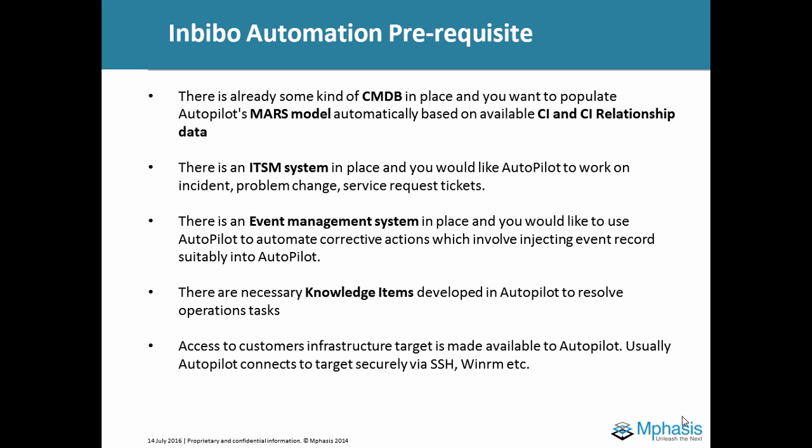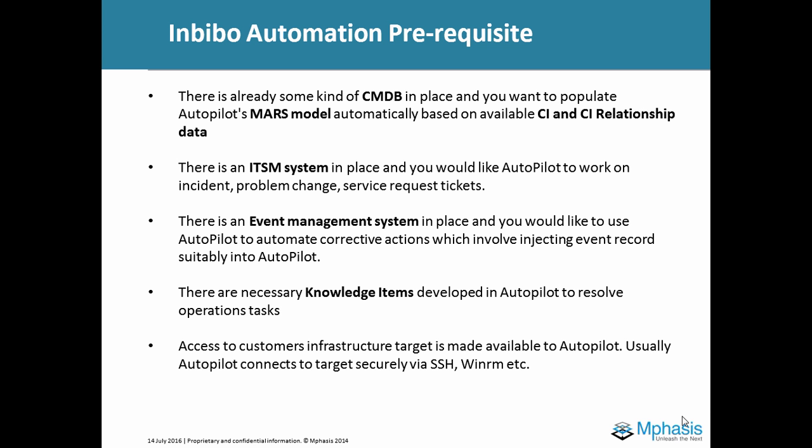Next are the prerequisites. These are some of the critical dependencies for automation to function. Starting with the assumption that there is already some kind of CMDB in place. CMDB is one of the key components in ITSM. It basically stores the configuration items and the relationships between them.